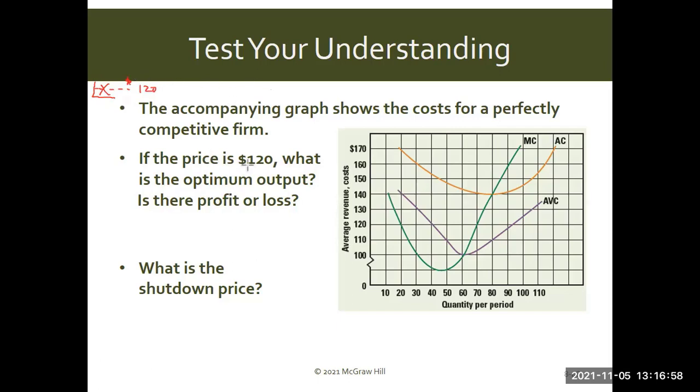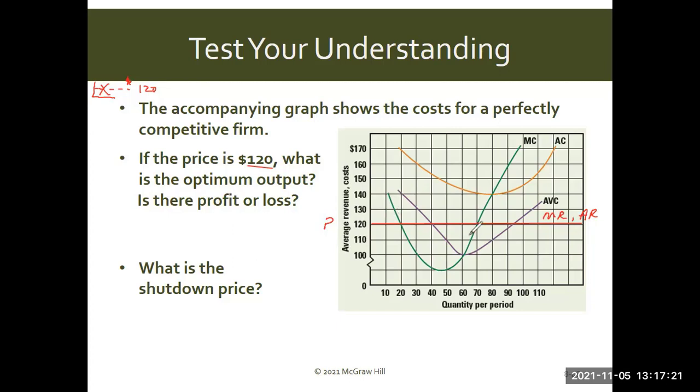So if the price is $120, what's the optimal output? Well, that's no problem. We just go to a price of $120 and we draw the price straight across. Remember, that's marginal revenue, average revenue, and of course, it's the price.